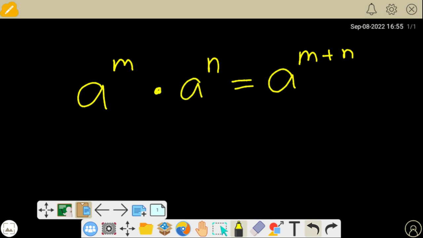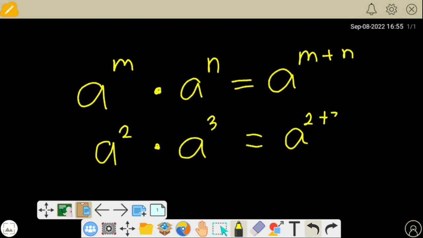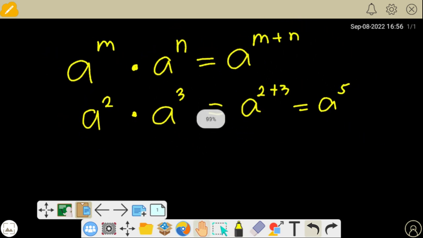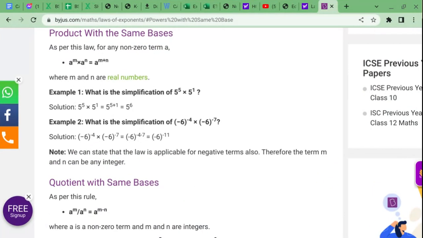So if a has the exponent of 2 times the same base a raised to 3, or a cubed, this will be equal to a raised to 2 plus 3, which is a raised to the 5th power. So that is what we call the product with the same bases.